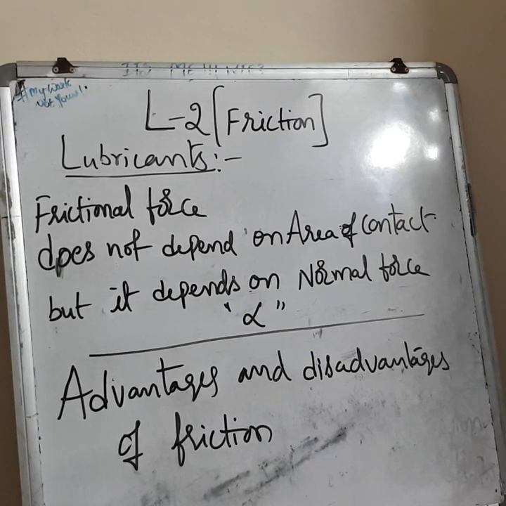Last point from frictional force: fluid friction depends on three factors. What are they? First, the shape of the object. See, aquatic animals live in water. The fish has a narrow front, and the boat has a narrow shape. Why? To overcome fluid friction, the shapes are given like that.